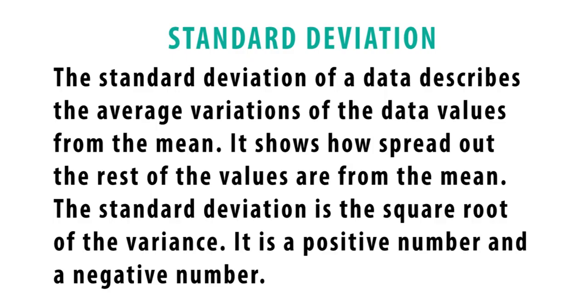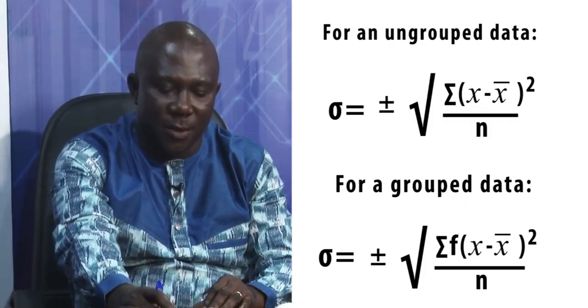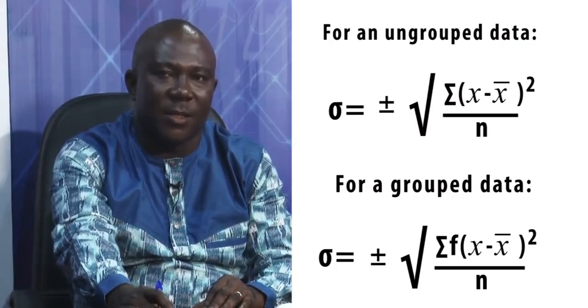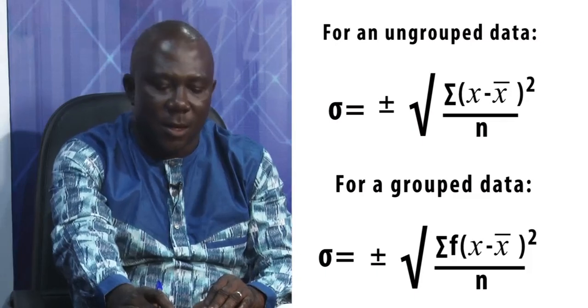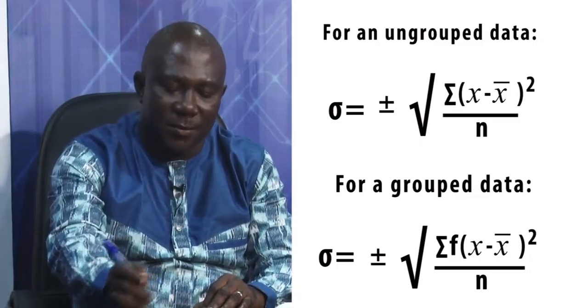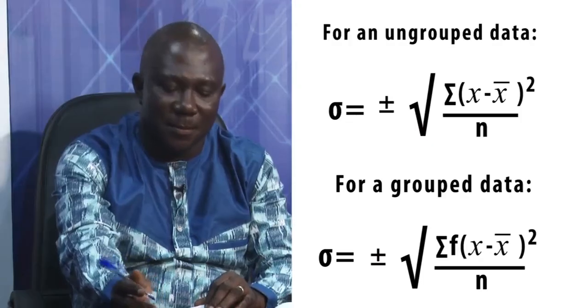But normally, in writing, we only use the positive value. The standard deviation is determined by the formula plus or minus square root of summation (x minus x bar) all squared divided by n. Or we can use summation f(x minus x bar) squared divided by n.